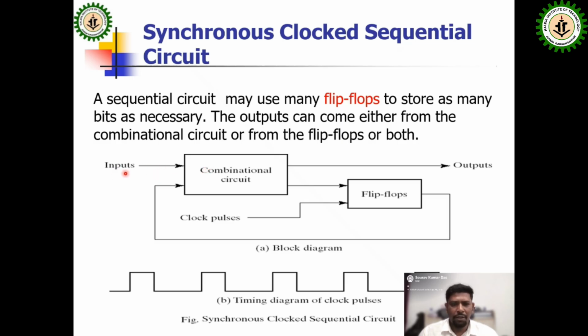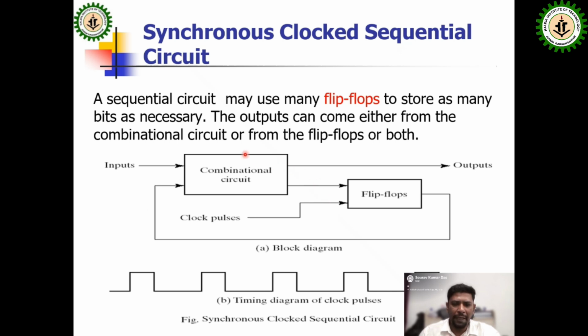So here you can see the input is first applied to the combinational circuit, and you get the output. When it is sequential, it has some memory, so that output is stored in the flip-flop. After that, this output is fed back to the input again.